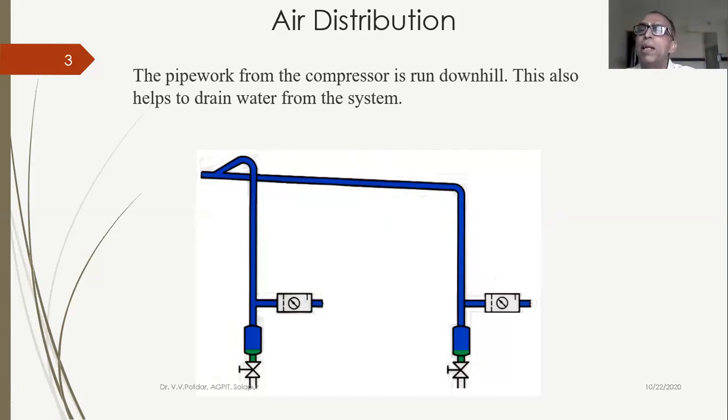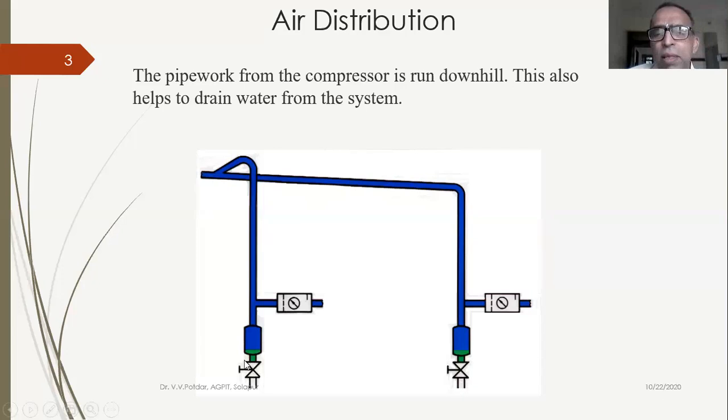All these elements would be in one corner of your industrial premises, and by using pipelines, those are given to your workplaces, maybe workshops, press shops, or assembly shops. So this piping network design is also a big field in itself. We have the air distribution provided by using piping.